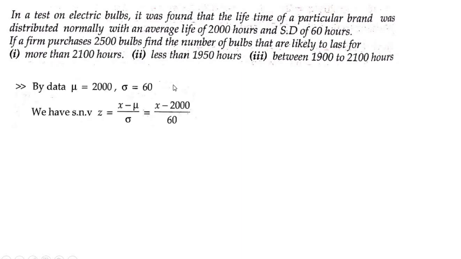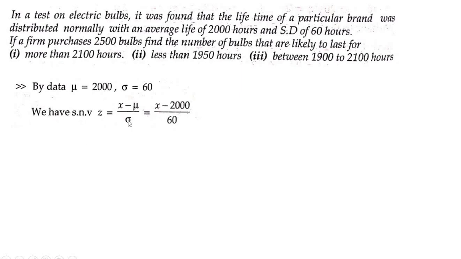So first of all, let x be the number of bulbs. You have to calculate for 2500 bulbs. By the data being given, average is also equal to mean, so mu is equal to 2000, and standard deviation sigma is equal to 60.